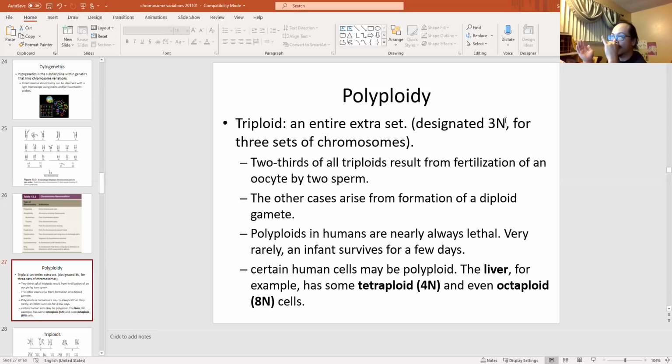Times 2 means an identical copy. This 2n is not an identical copy, because one copy is from the father and the other copy is from the mother. So we have 23, 2n, 46, but these two are not identical. All right, so now here we have the 3n. That's extra sets.